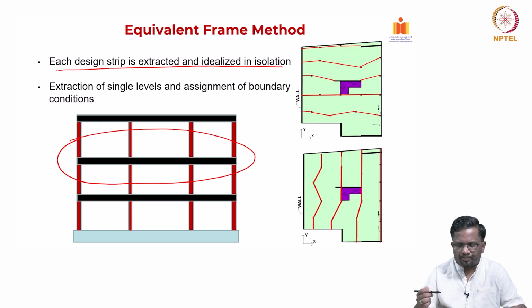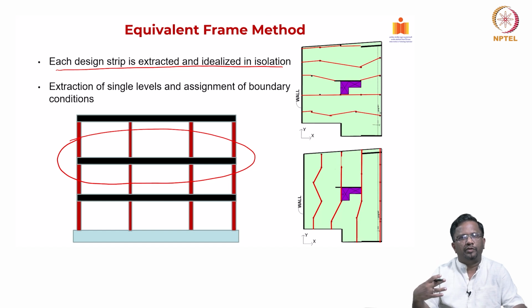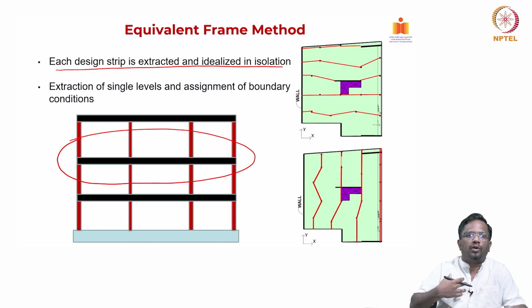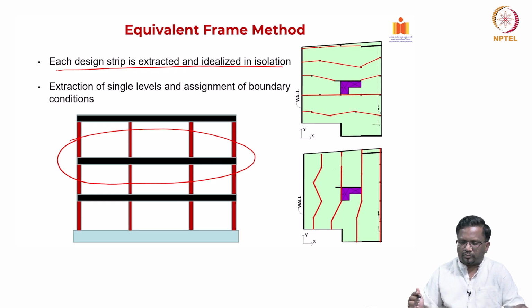So, that is the idea, right. Here, we can see that you are doing only the frame analysis, and whatever reinforcement you get as per your moment distribution along the frame has to be distributed along the orthogonal direction according to the width of the strip that you have.